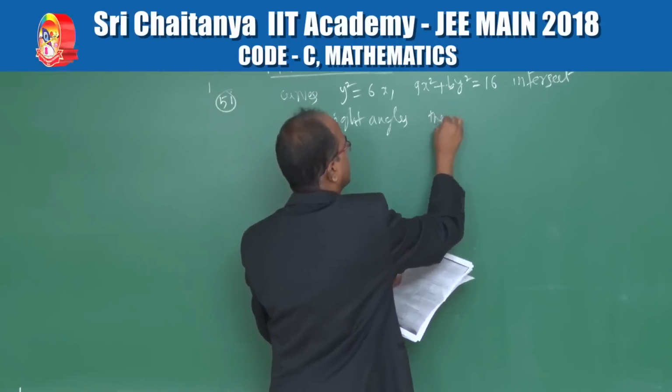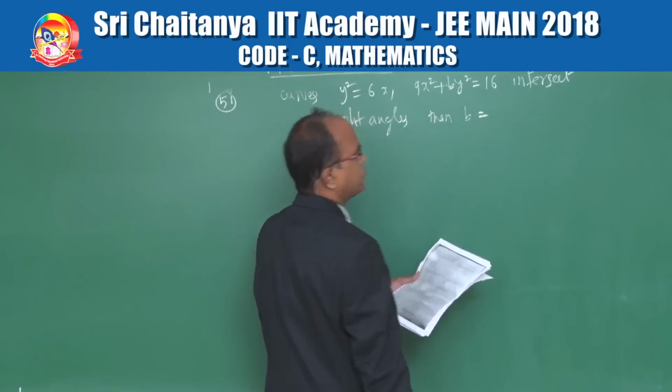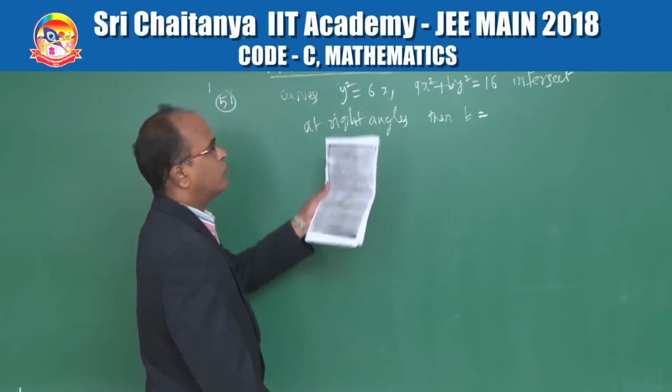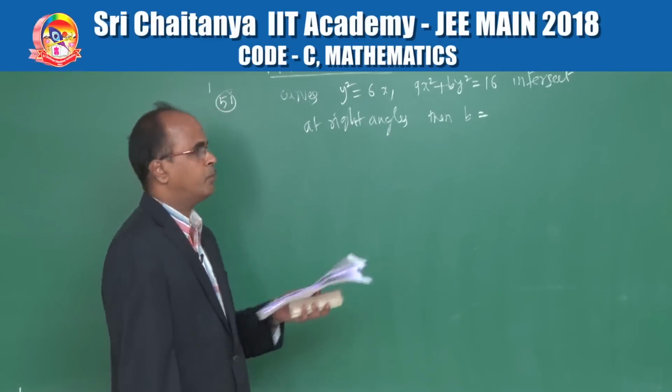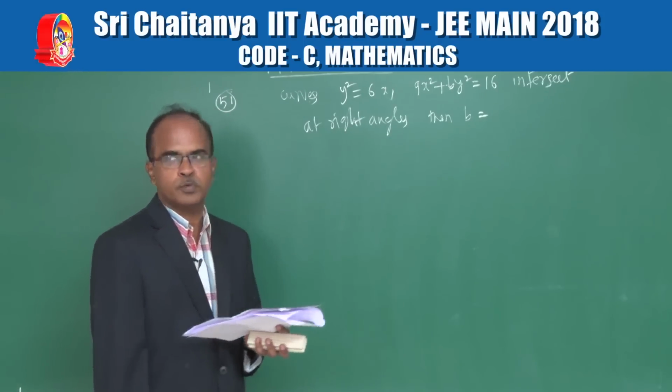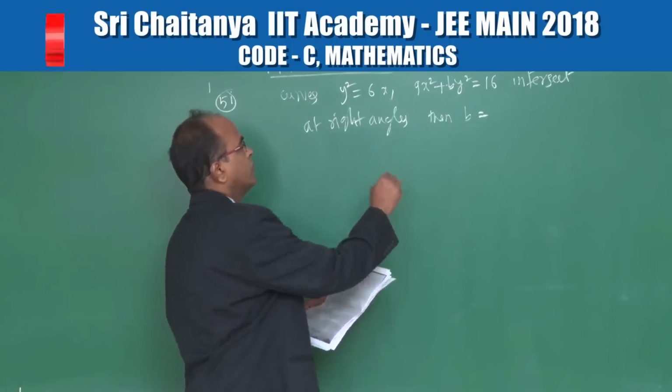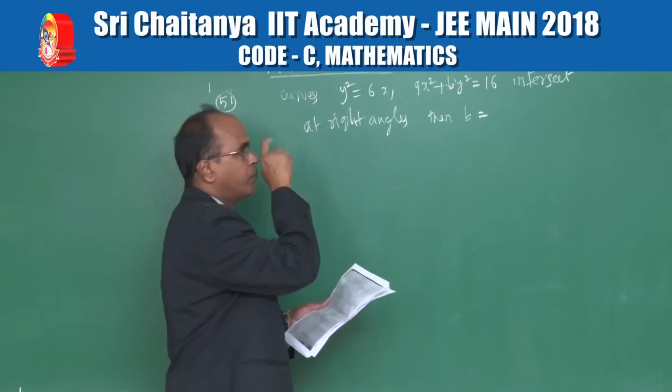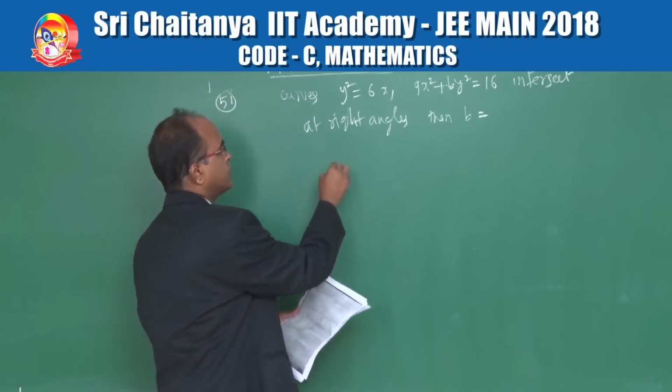then the value of b is... Whenever two curves intersect at right angles, at the point of intersection the product of the slopes must be -1, and slopes here are given by values of dy by dx.